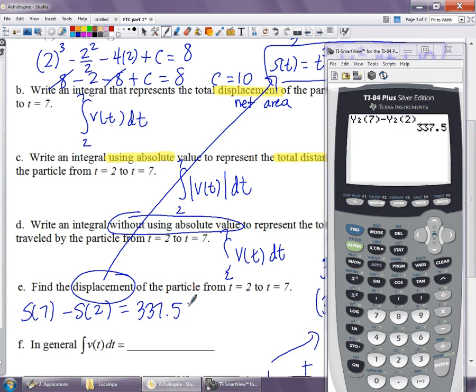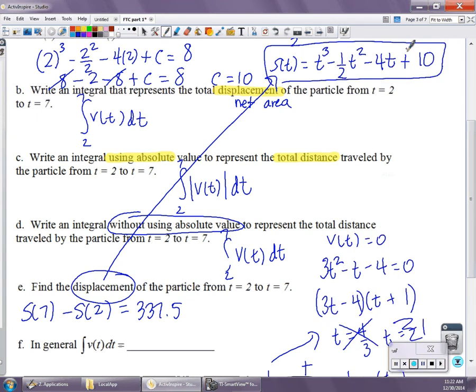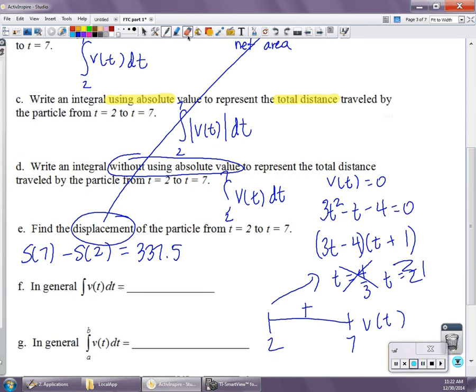Okay, now, what I want you to consider is, how did we get the position function? Let me clean up the board a little bit.